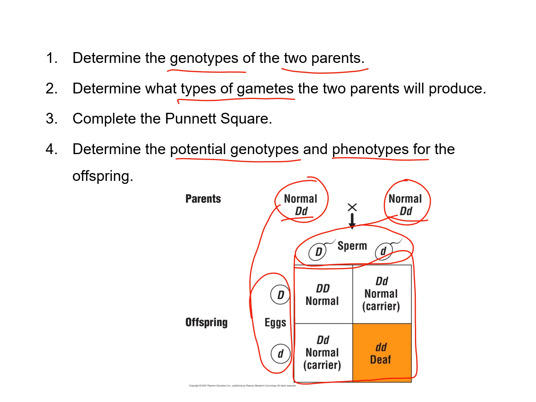And the Punnett square represents 100% of the potential genotypes of the offspring. So each box, in this case, represents 25%. And once you figure out the genotype, then you can figure out the phenotypes of the offspring.